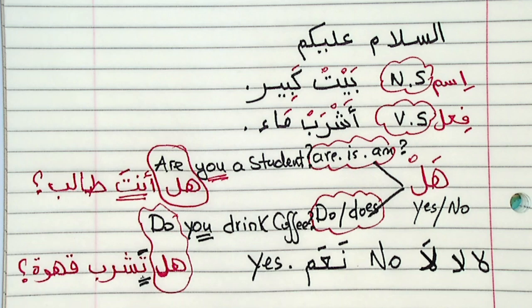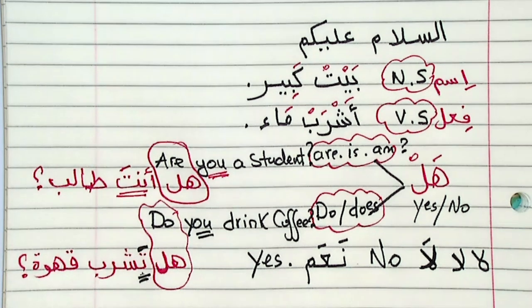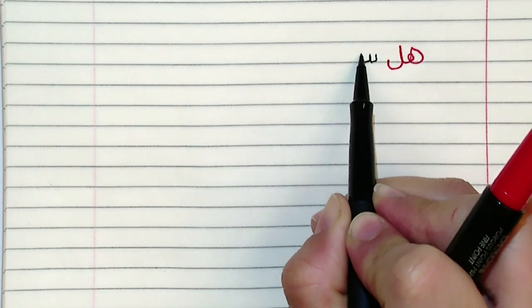Let's make more sentences in the form of question and answer. So I'm going to say هل بيت.